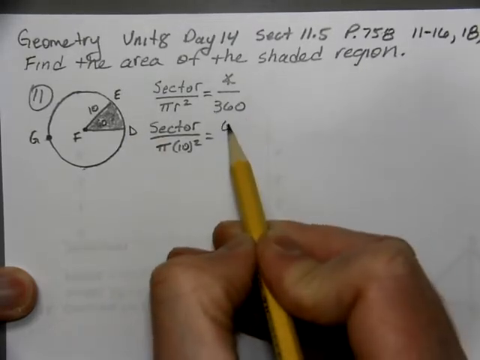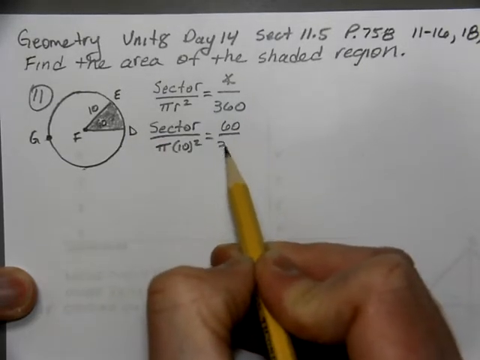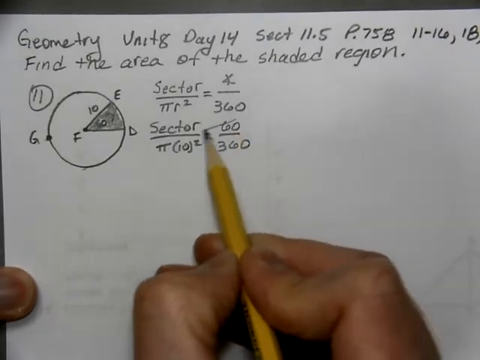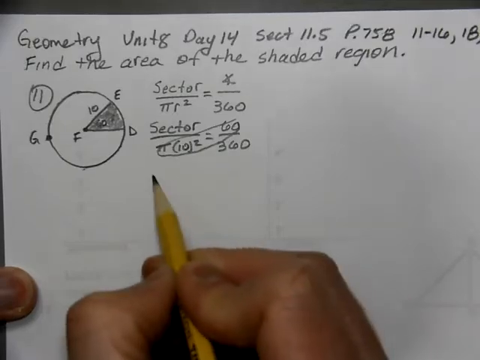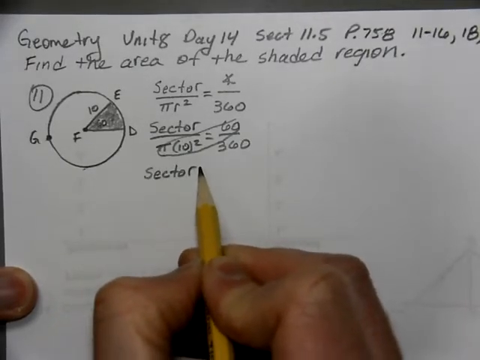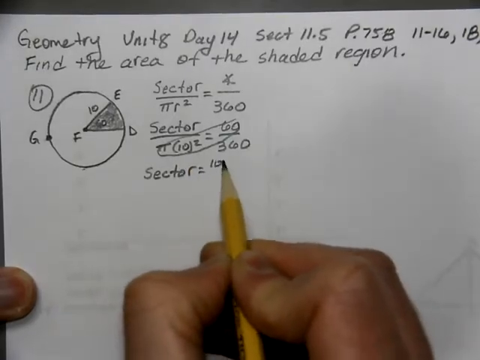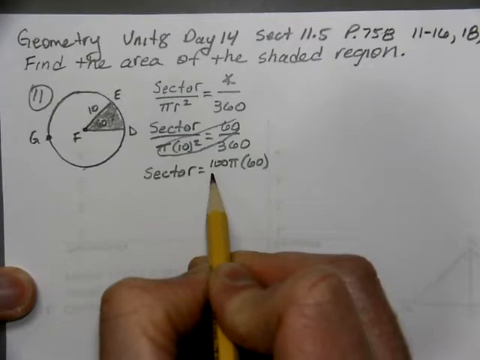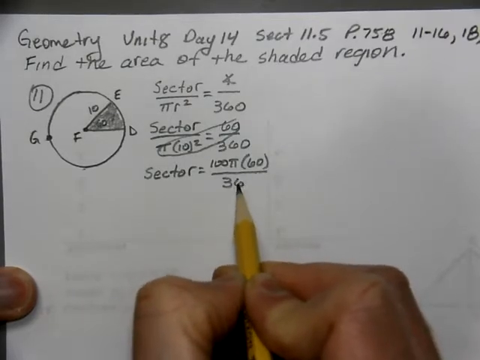The central angle is 60. You could reduce that if you wanted to, but we'll cross multiply so that the sector equals 100 pi times 60 divided by 360.